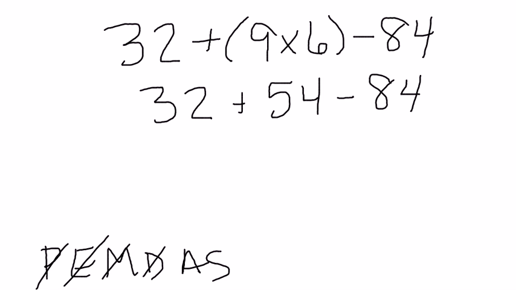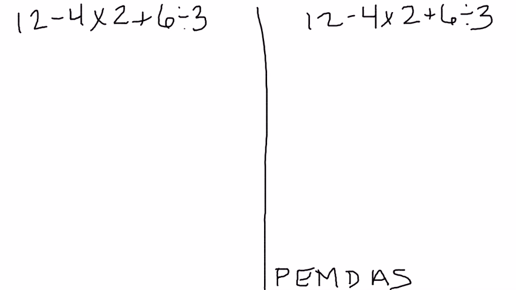So 32 plus 54 is 86. Take away 84 is going to give us 2. So you can see how when the parentheses are in a different spot, the answer is going to be a little bit different. We're going to look at one more problem and see how using PEMDAS really does work.